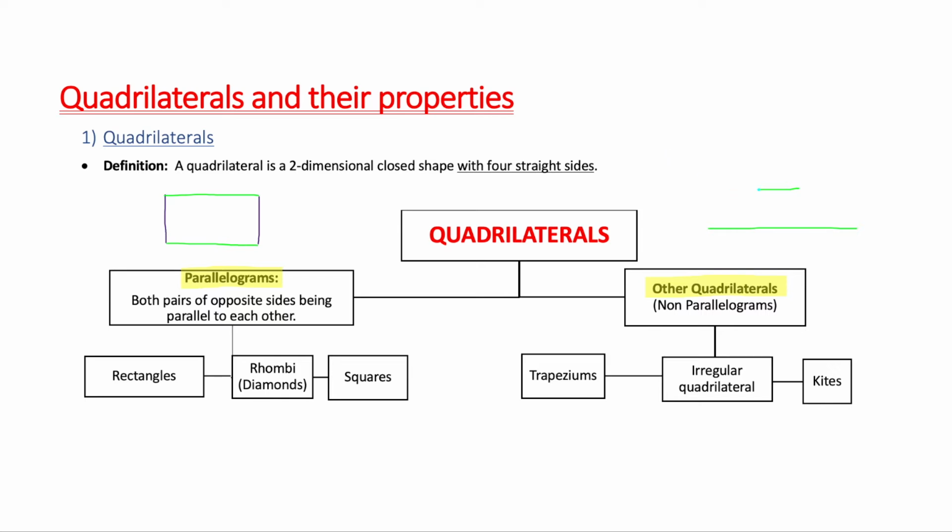But the ones that I'm going to draw now are not parallel to each other, because if I extend them, they are going to cross at a point, which will not happen if I extend these two green ones forever and ever. They will never cross. That means that they are parallel. But in this case, I have only one pair that are parallel and the other two are not parallel. So therefore, these are not a parallelogram. Great.